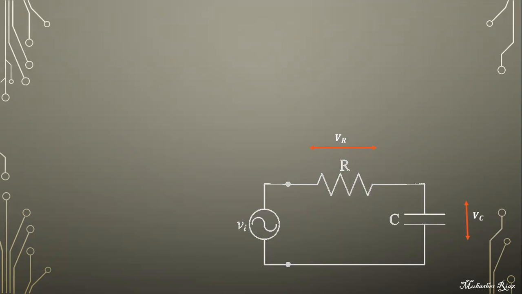The voltage drop across resistance is VR, equal to IRMS into R, where R is the resistance and IRMS is the amount of current passing through that electric circuit.